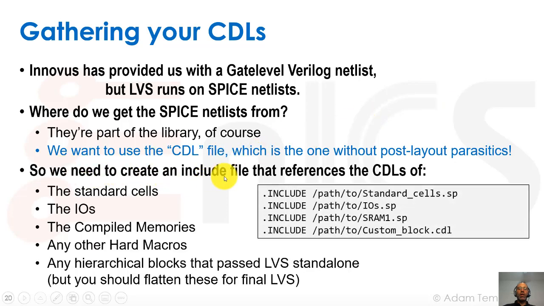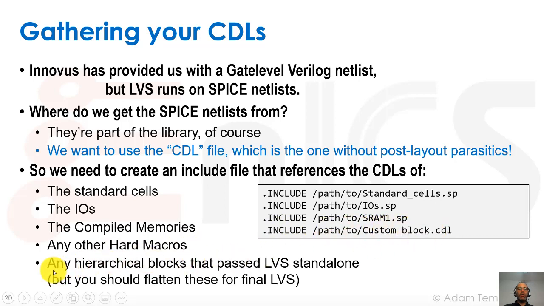Okay, so we need to create an include file that references the CDLs of these things, the standard cells, of course. So we have something like .include path to standard cells, .include path to IOs, the compiled memories, .include path to SRAM1, SRAM2, etc., and any other hard macros we have, such as .include path to custom block.